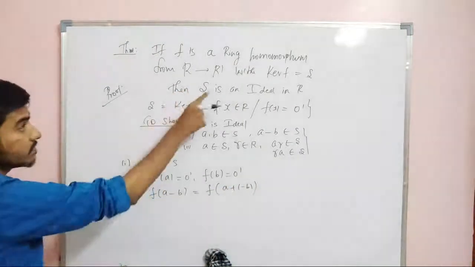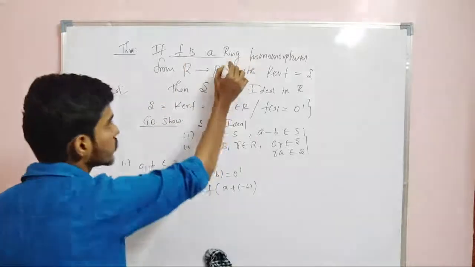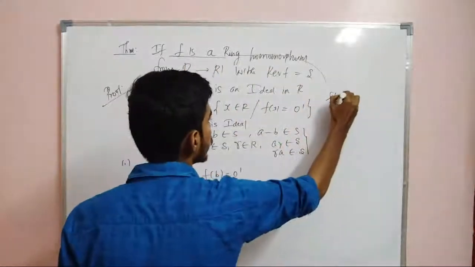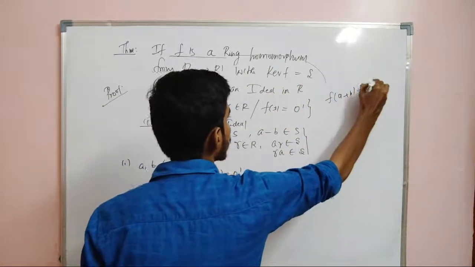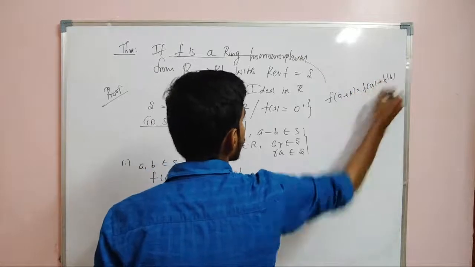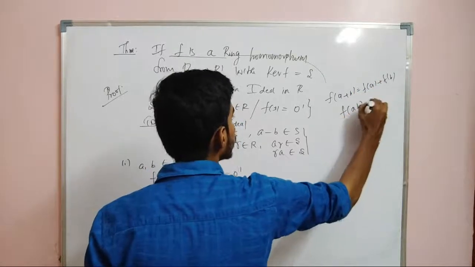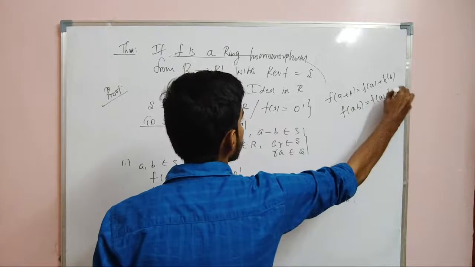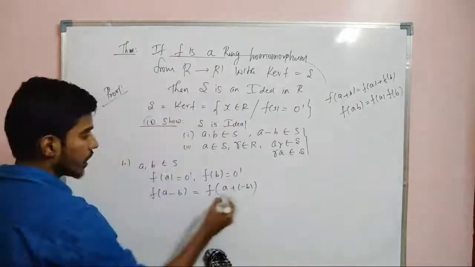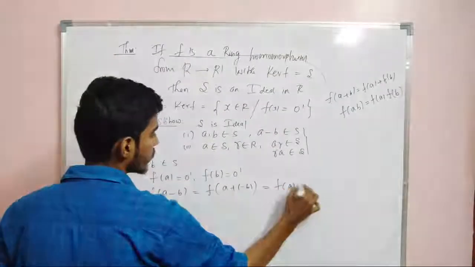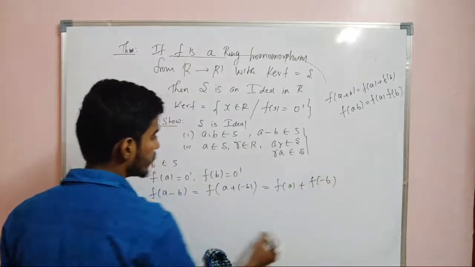And we know that f is a ring homomorphism. So ring homomorphism means f of A plus B is equal to f of A plus f of B, and f of AB is equal to f of A into f of B. This we already defined earlier. So I can write this as f of A plus f of minus B, right?